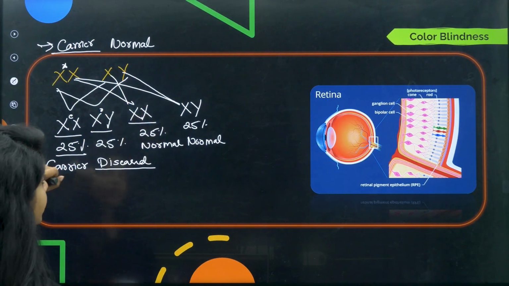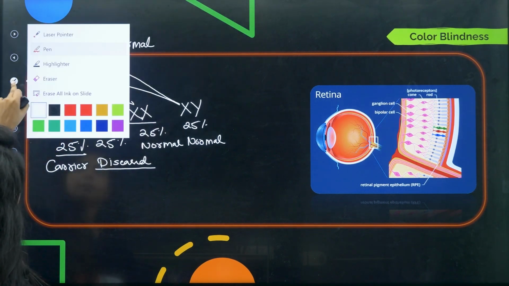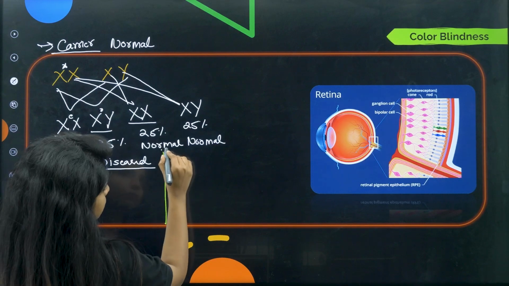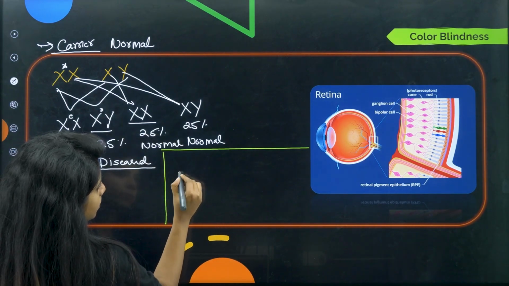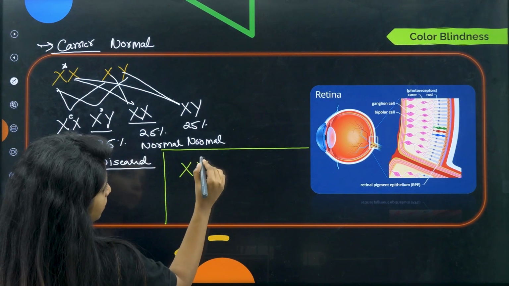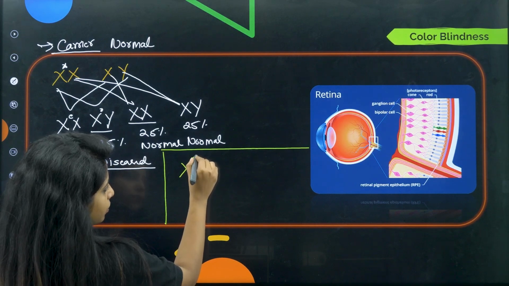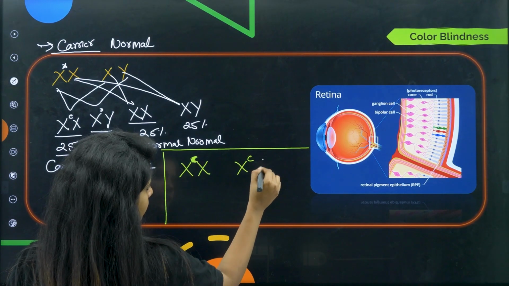Now, second case, where shall I write it? Okay, I shall write it here. Over here, again the mother is carrier, I'll write C over here, and the father is diseased, he is colorblind.